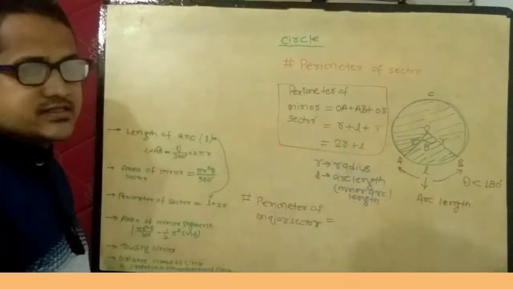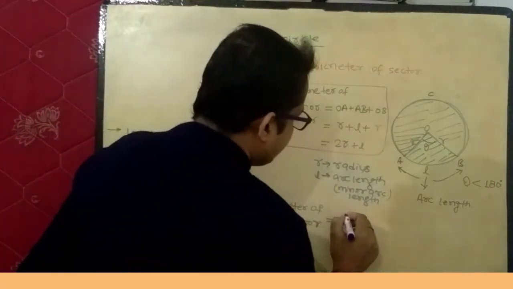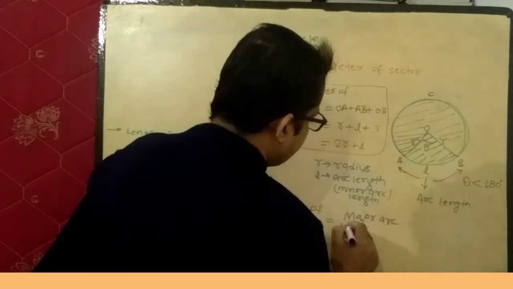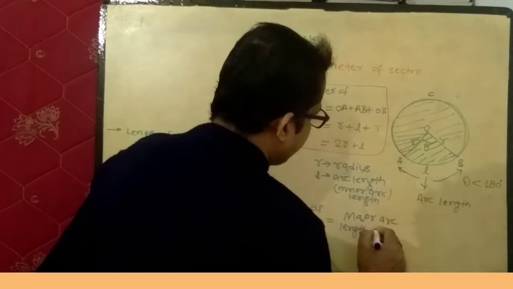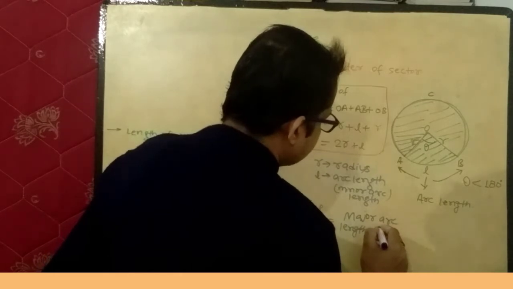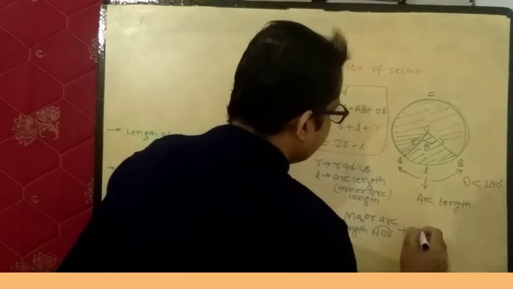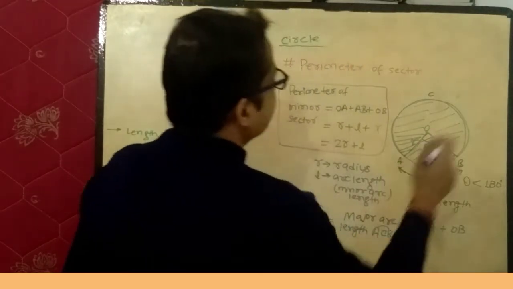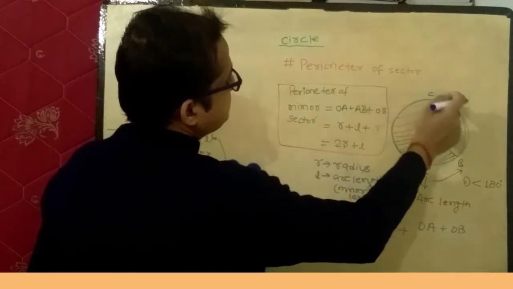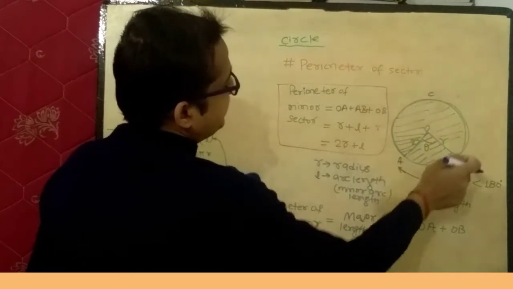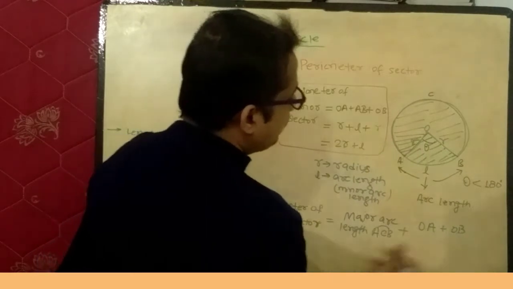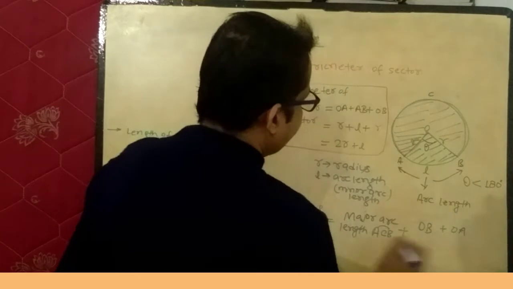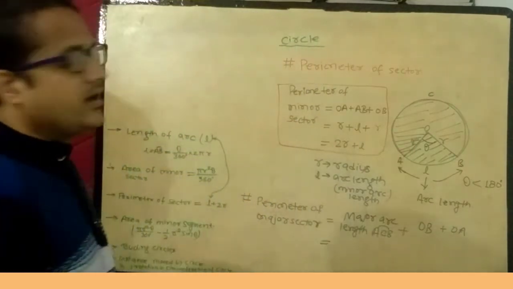So perimeter of major sector equals to major arc length ACB add up OA add up OB, or you can simply write OB add up OA. Now what is major arc length?